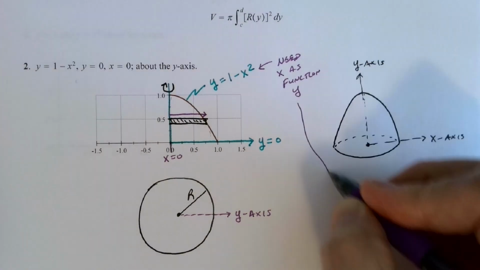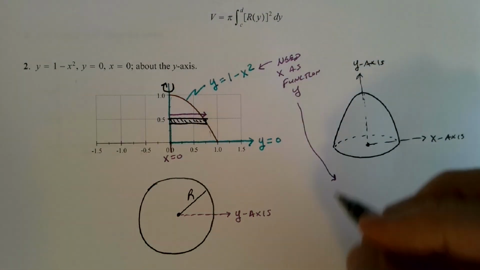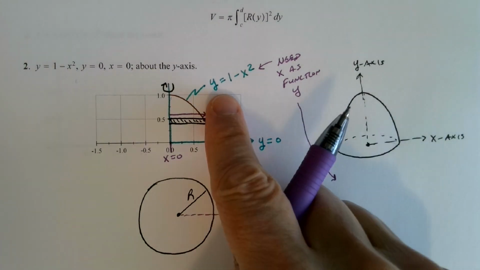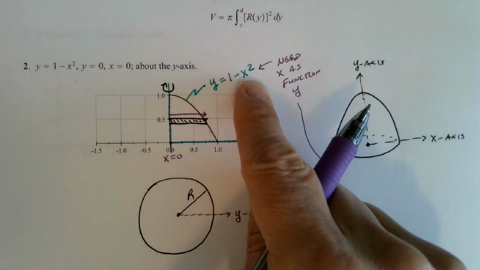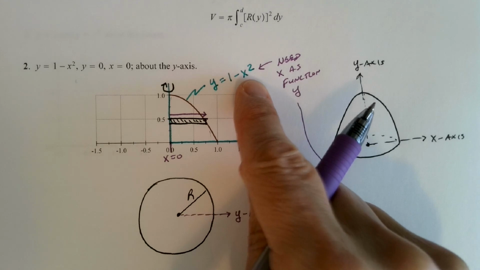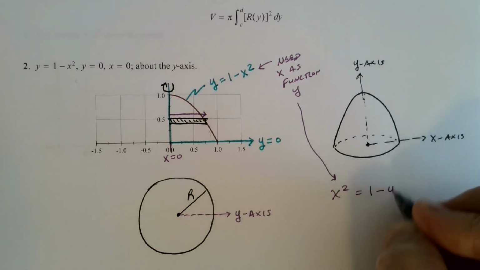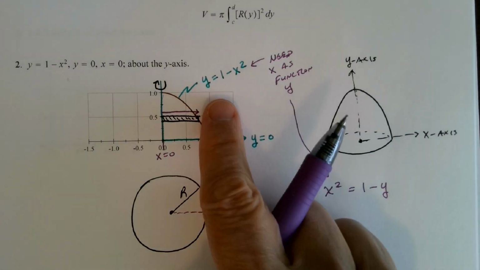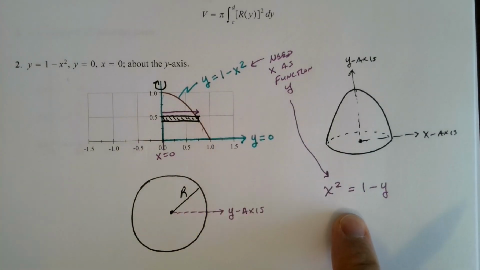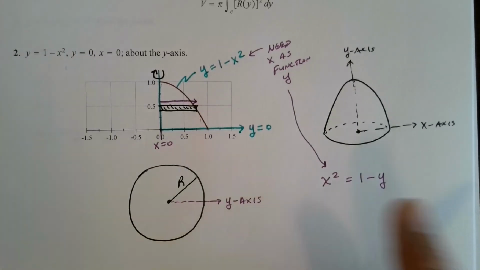In other words, I'm going to solve for x. I can solve for x by adding x squared and subtracting y from both sides of the equation. Do you see that? Adding x squared and subtracting y. And then I take the square root.